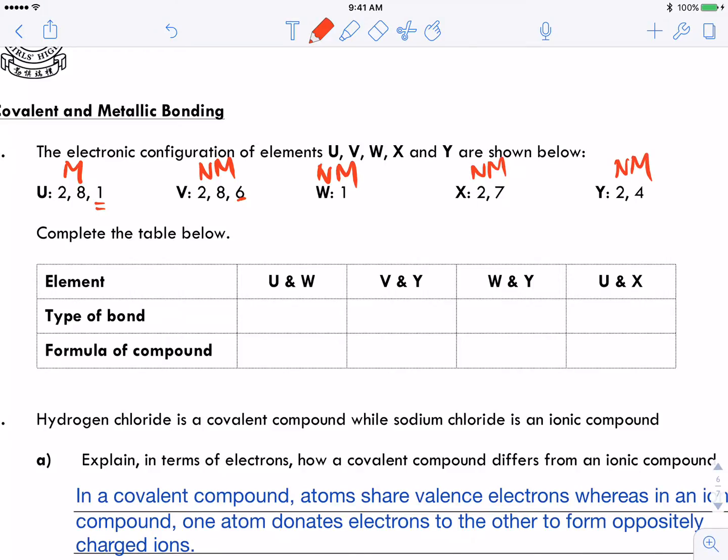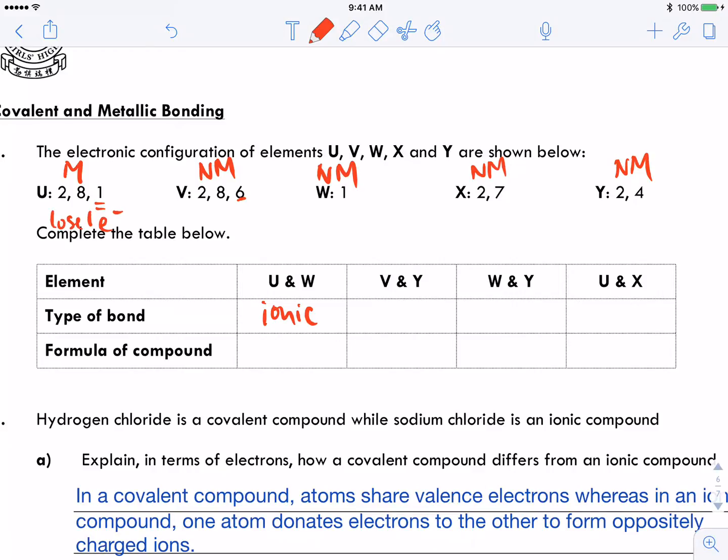If you are unsure, you can convert it all into the actual elements in the periodic table, and you can see whether it's a metal or non-metal. Now, let's look at U and W. U and W, metal, non-metal, ionic. U needs to lose 1 electron.